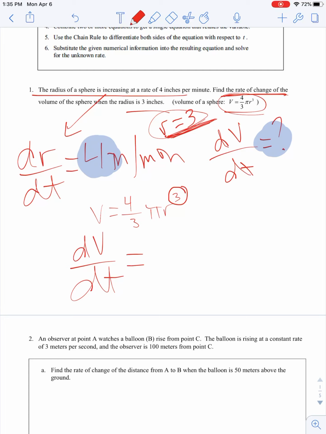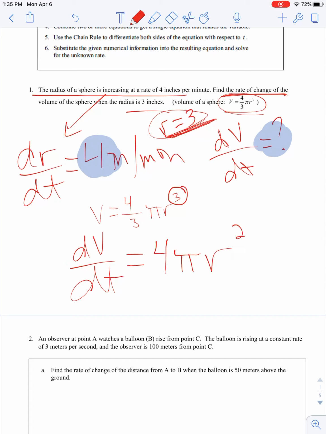So the 3 times the 4/3, the 3's are going to cancel. And so I'm going to be left with 12 pi r squared. So again, no, I did that wrong. Sorry. The 3's cancel. I even said it. So we're just going to have 4 pi r squared.